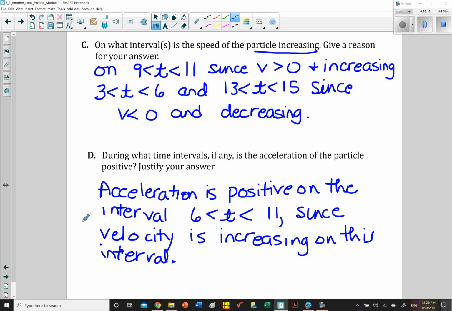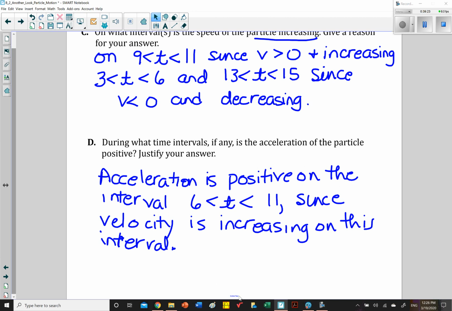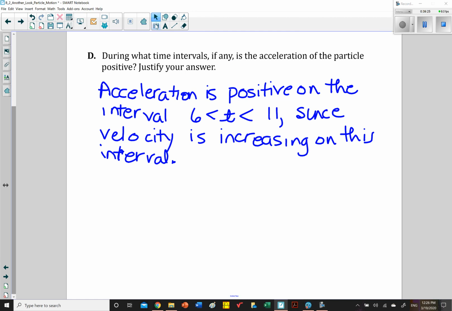Now, on the AP exam, if this was a free response question, you wouldn't want to write out full sentences like that. I'm doing that just for understanding.